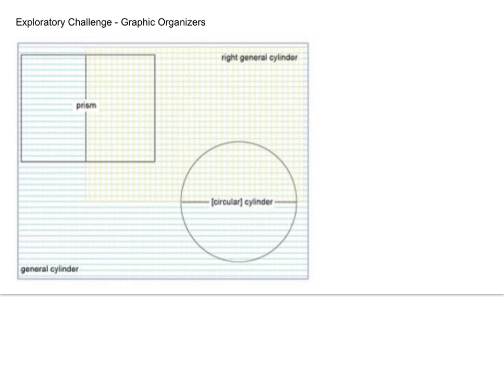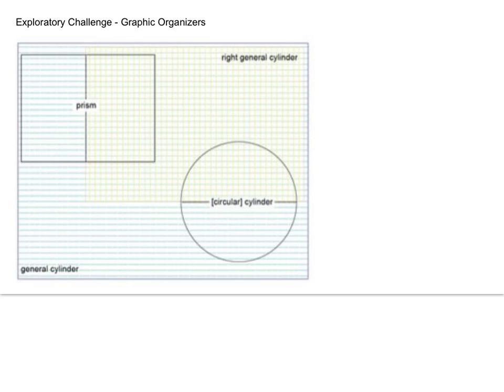So we have right general cylinders and general cylinders, and then we can group them into prisms and circular cylinders. Let's see if we can do a little bit of grouping here to help us organize all of the shapes that we've been talking about, and we will continue to talk about.